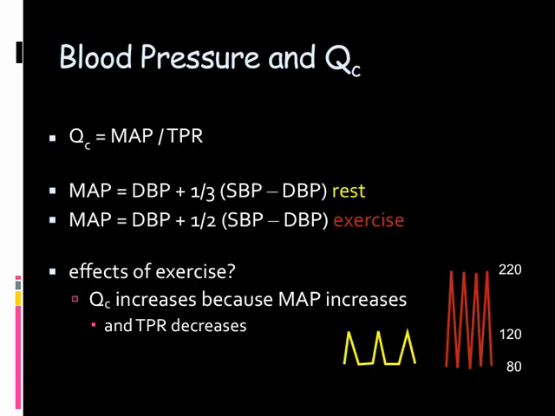In this case, the driving pressure is the mean arterial pressure, the average pressure in the arteries through systole and diastole over time. And then the flow rate is inversely related to the resistance to flow, which in the cardiovascular system is named the total peripheral resistance, the overall resistance to flow.